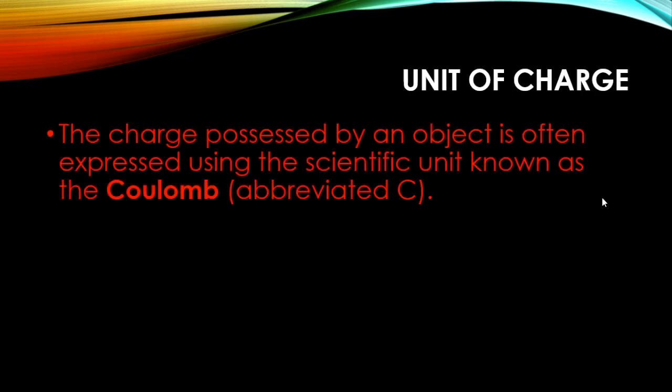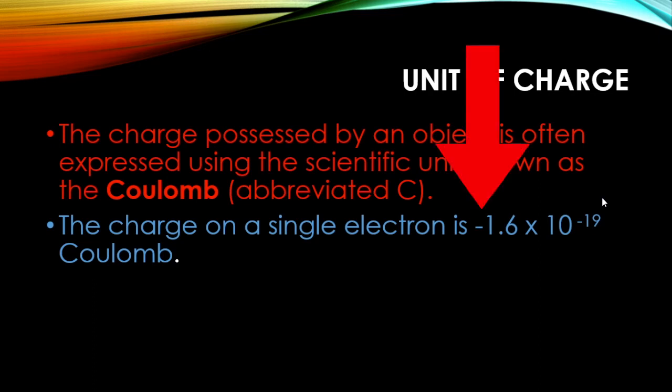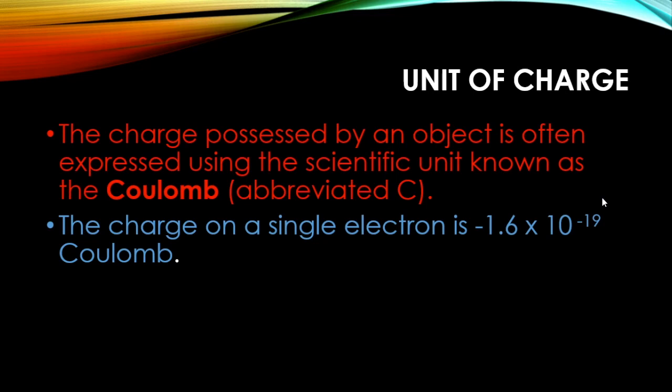So we're going to say that the charge possessed by an object is often expressed using the scientific unit known as the coulomb. We abbreviate it with a capital letter C. The charge on a single electron is negative. Notice how it's negative because electrons have a negative charge. It's negative 1.6 times 10 to the negative 19th coulombs.